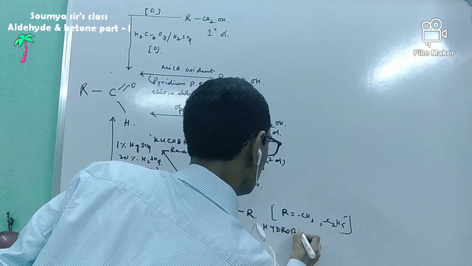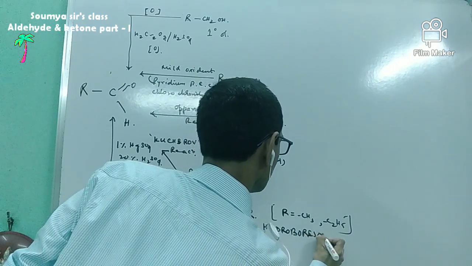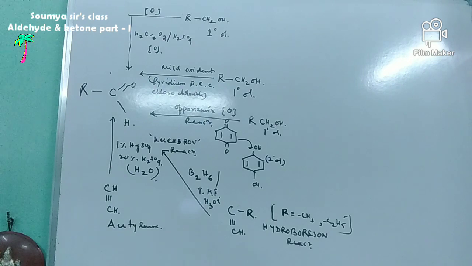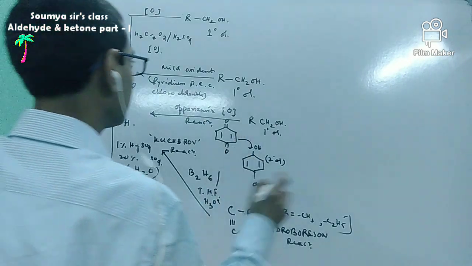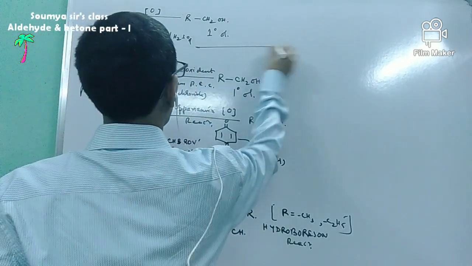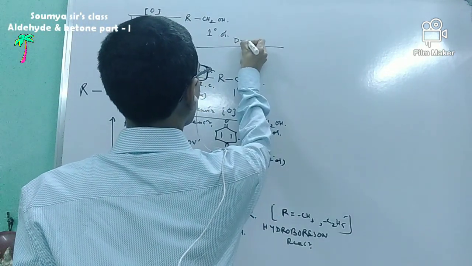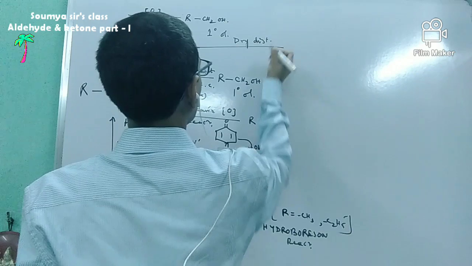Now, another interesting method of coming to aldehyde is dry distillation. Its mechanism will also be discussed later, so I am giving it a star. I am giving here also a star.